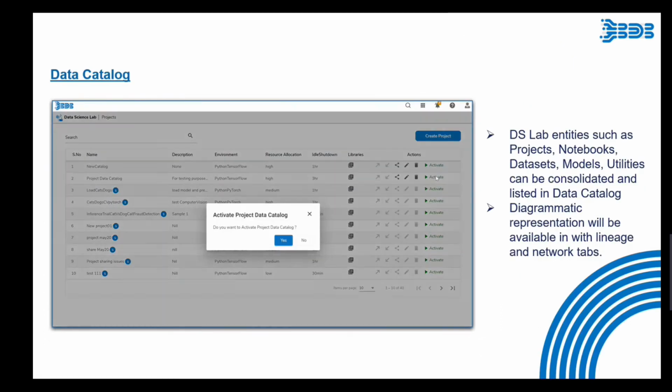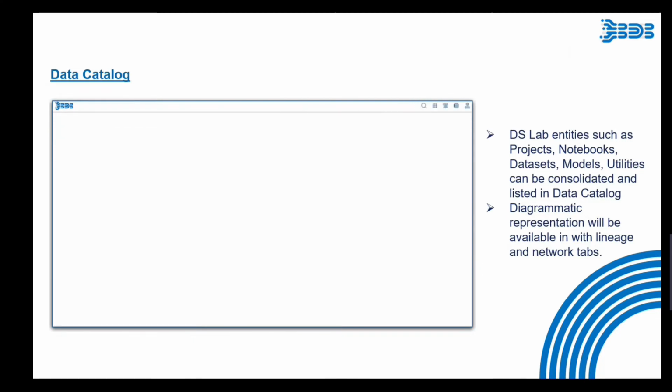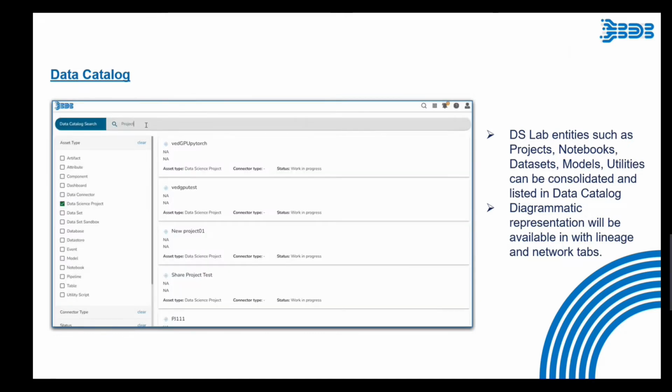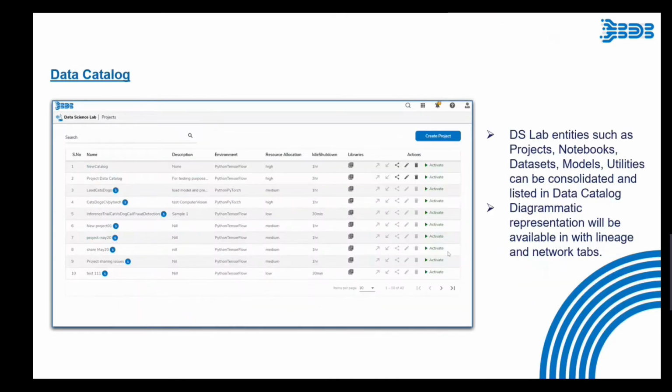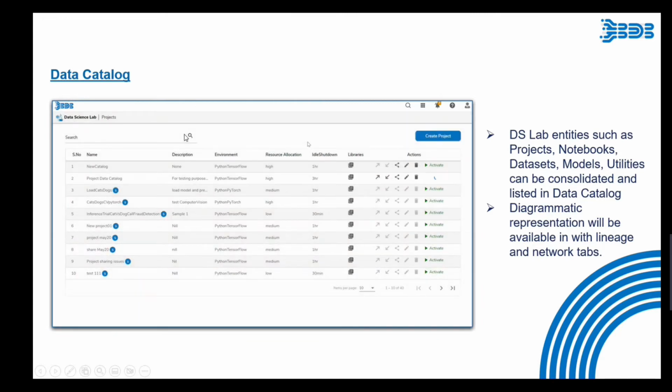So the next slide takes us to data catalog. Data catalog is a feature that is already existing in the BDB platform. Now, what we have done is we have integrated data catalog with DSLAB. For example, when you come to a particular project and you activate the project, this project name is Project Data Catalog.